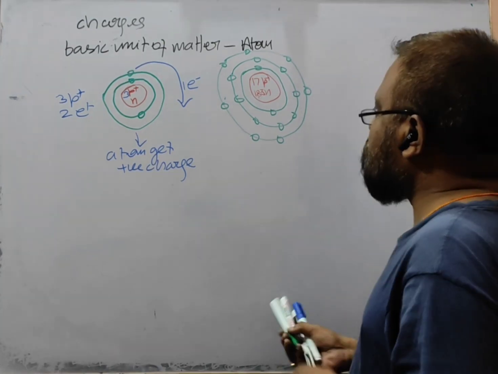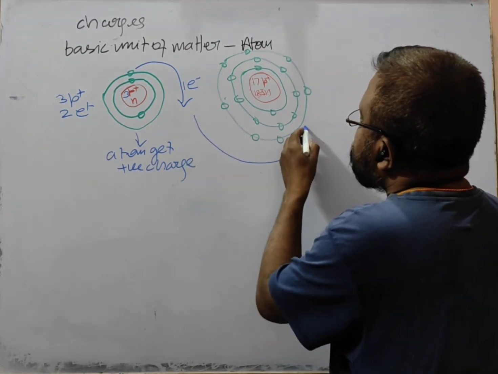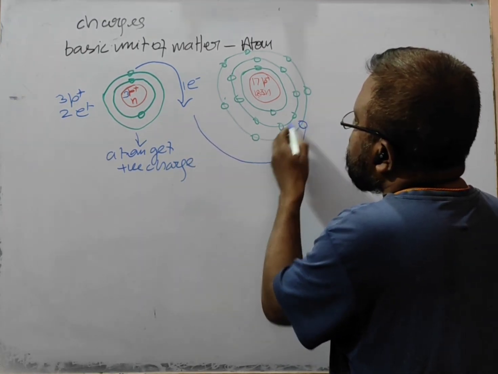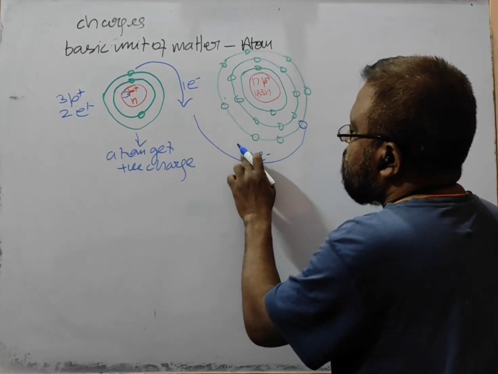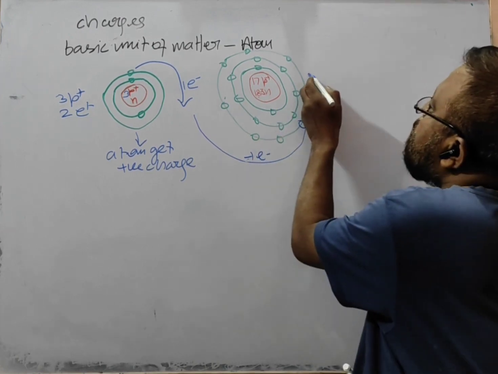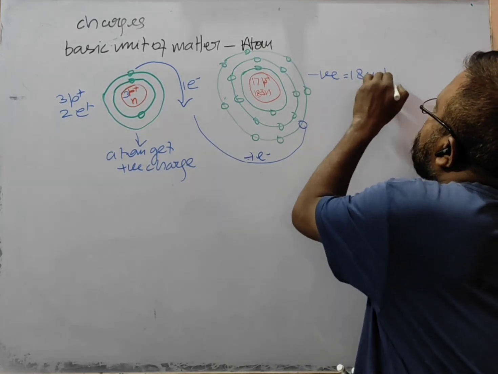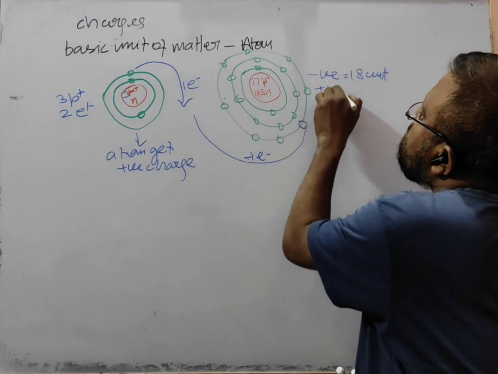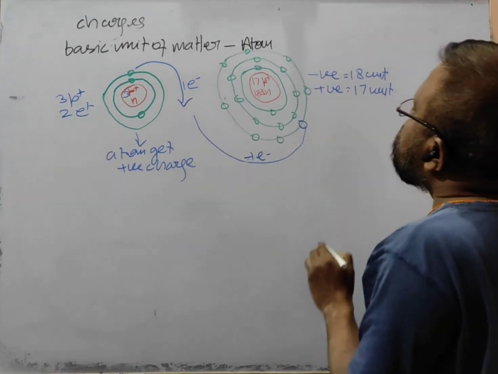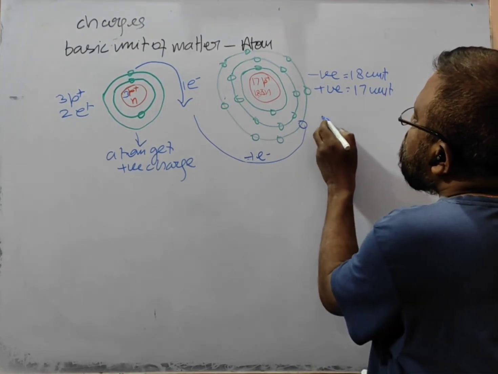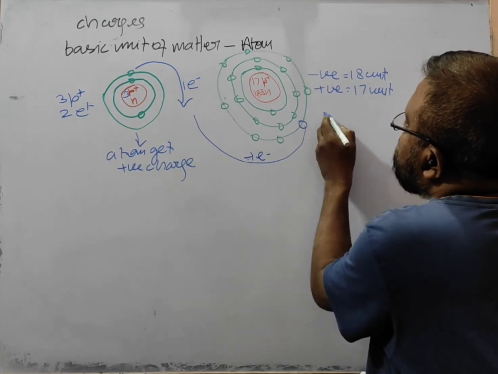When it takes 1 electron, then what happens? So how much negative charge is it carrying? Negative charge of 18 units, but positive charge remains 17 units. So it means it gets 1 unit negative charge. It is negatively charged.